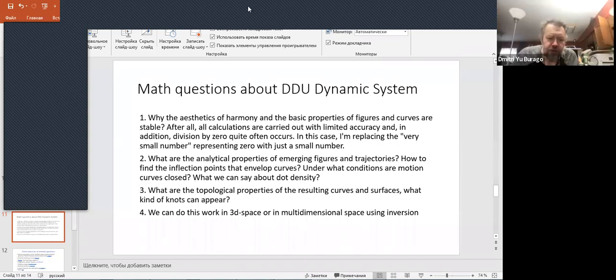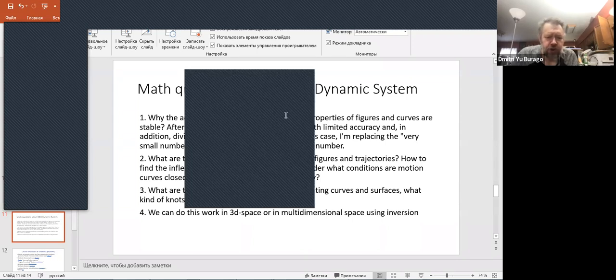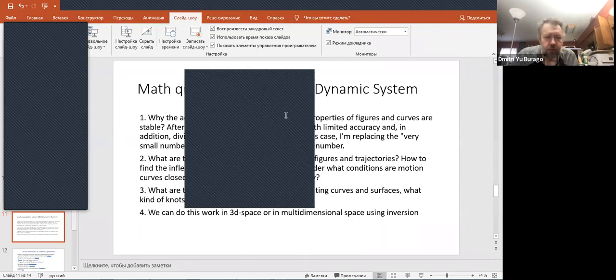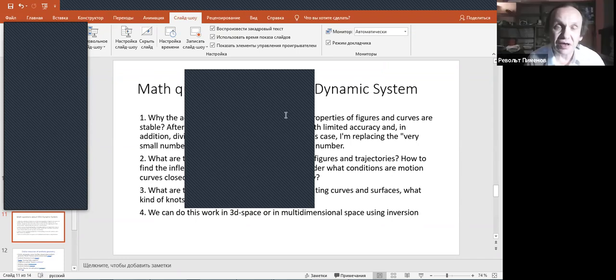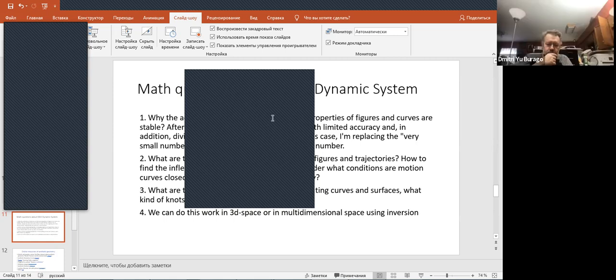What I already typed about the knots: if you use two circles, probably all knots are toric. Dima, I read your question, but I answered this in our meeting earlier.